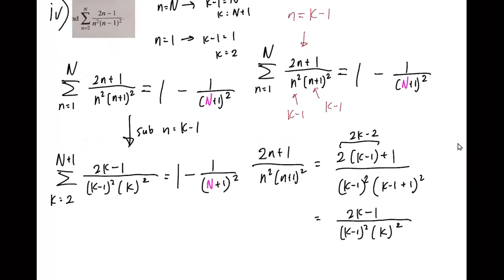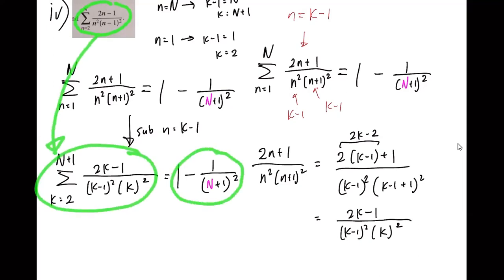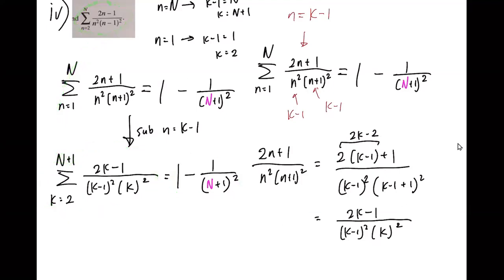Okay, good. So let's take a look. The final expression that we want to solve for is the sum from n equals 2 to capital N. Here we have a similar formula. It's just that the upper limit is no longer capital N, it's n plus 1. So what do we need to do? We need to split this up into 2. Sum from k equals 2 to capital N, and then you add on the last term where you substitute little k with capital N plus 1.